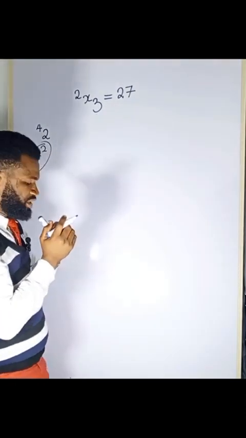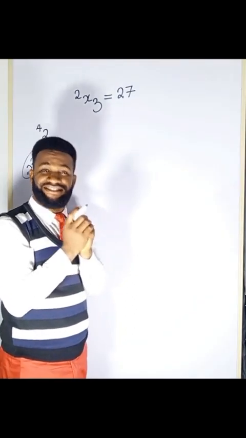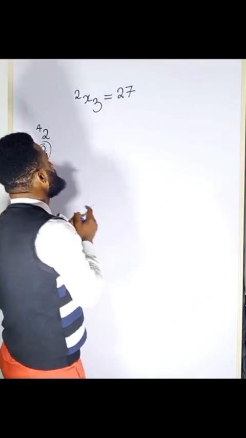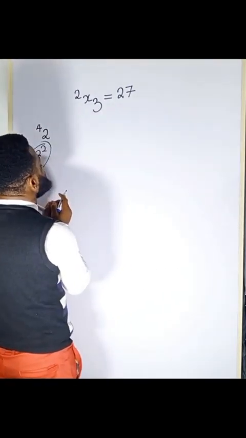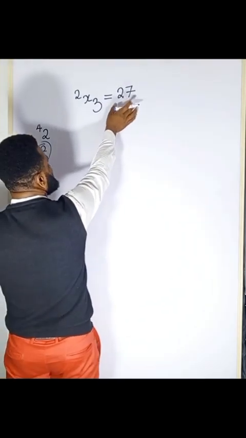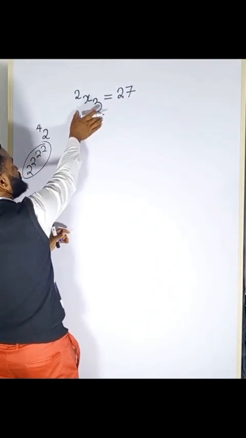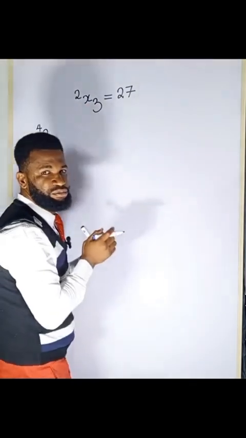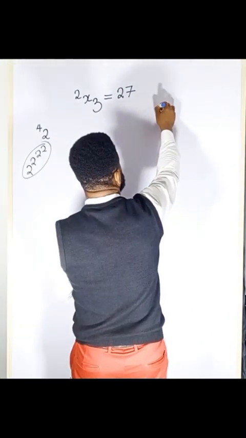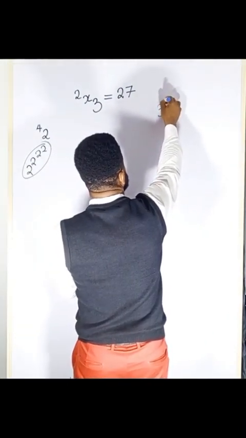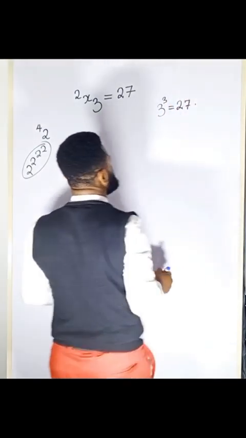All right, now we have this problem. How are we going to be able to solve it? At this point, I am going to express this 27 as a tetration or superpower to base 3. Now look at this. If I have 3 raised to power 3, that is 27, right?